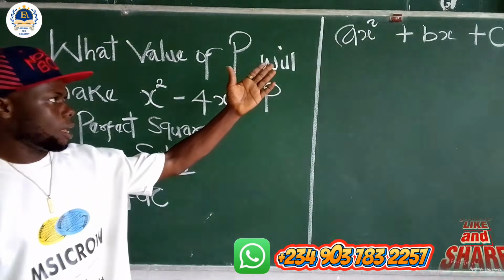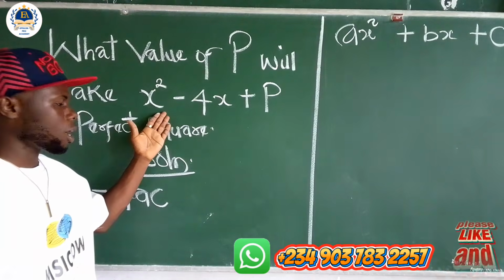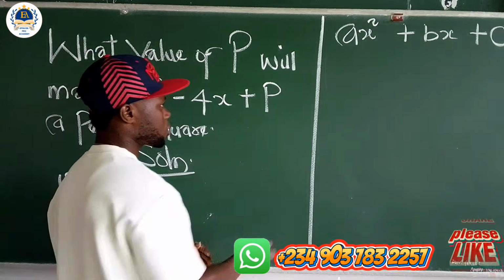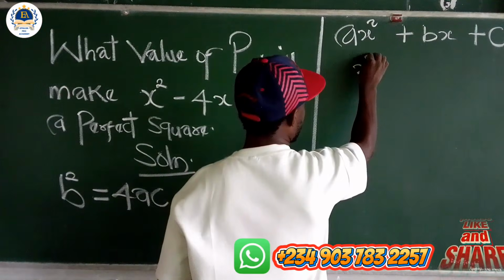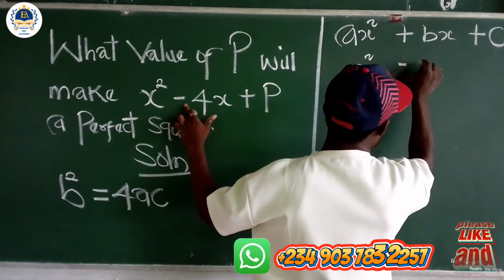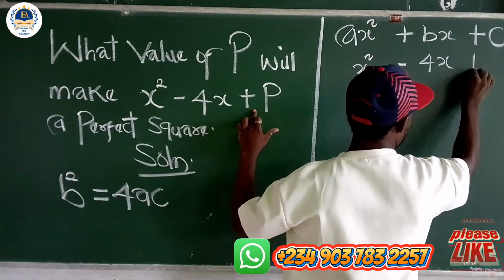Let's compare this quadratic expression with what we have from the question. Now the question says x squared minus 4x plus p.